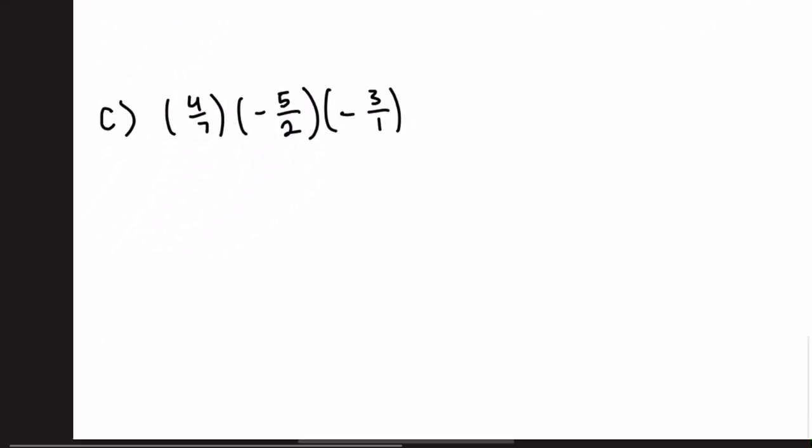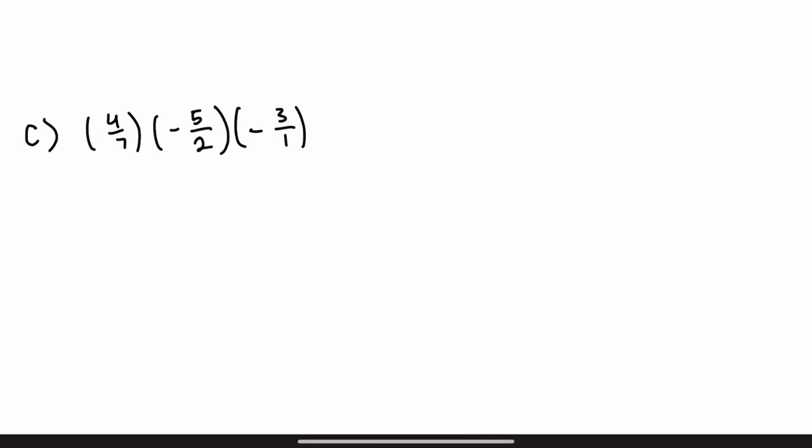Now we have this one right here. This is not complicated. We're just going to go from left to right, starting from 4 over 7. So we can do 4 times minus 5. We can do these two first. So 4 times minus 5 is minus 20. 7 times 2 is simply going to be 14.